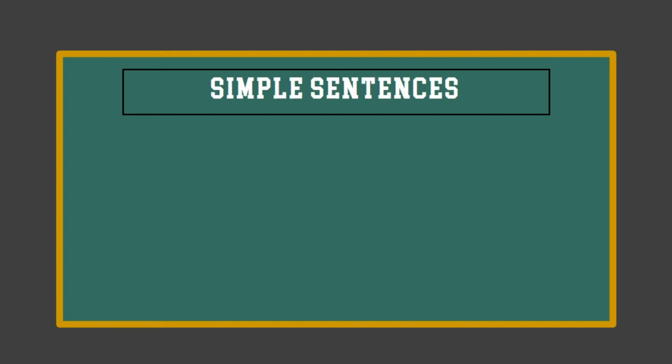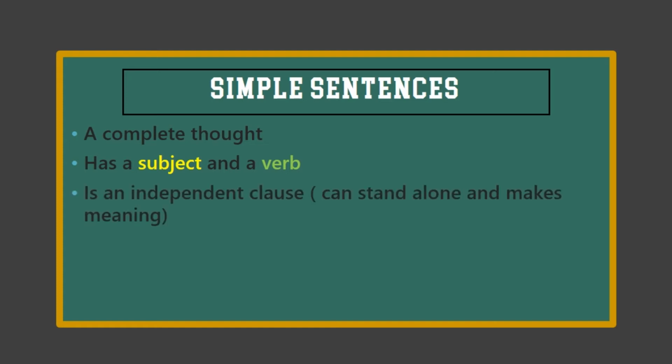Okay? So a simple sentence is, of course, a complete thought, just like any other sentence. It will contain a subject and a verb, as simple as that. It can also be known as an independent clause. That means this simple sentence can stand alone on its own and still make sense without being joined to any other sentence.